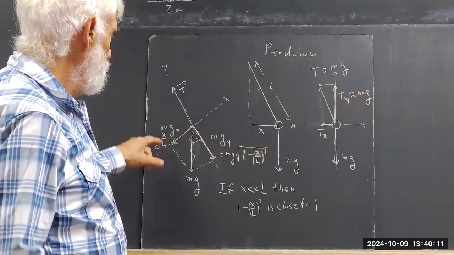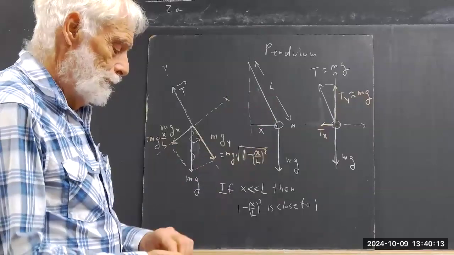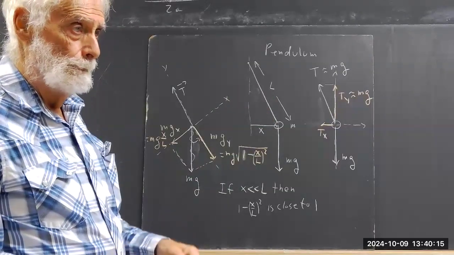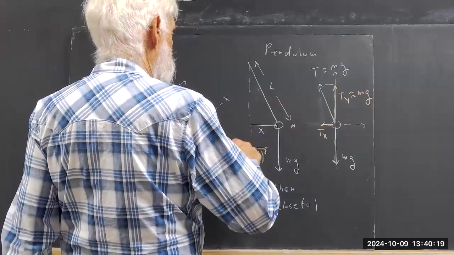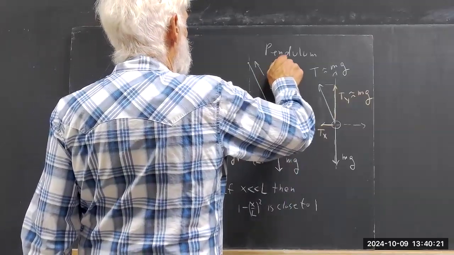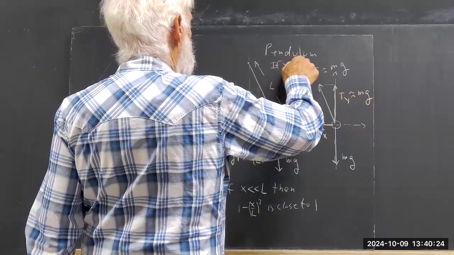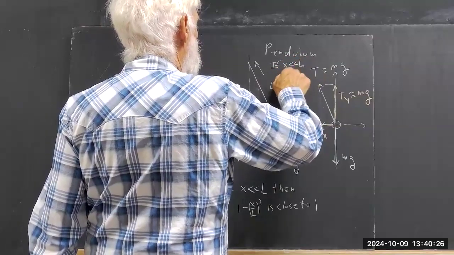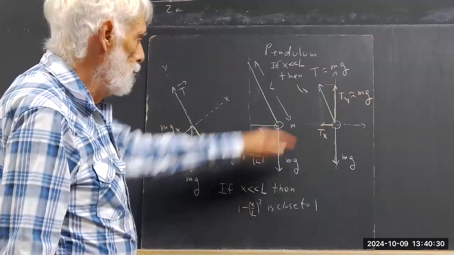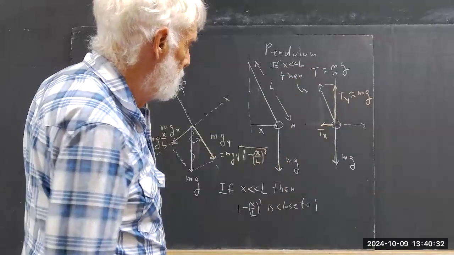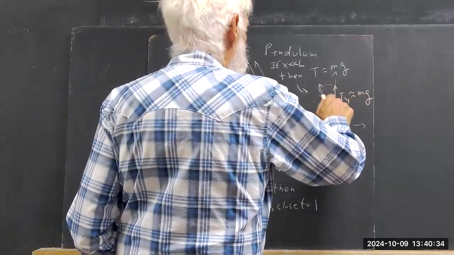Again, we're assuming that x is quite a bit less than L. Put that assumption in. If x is much less than L, then we can do this. And we can erase our tension.